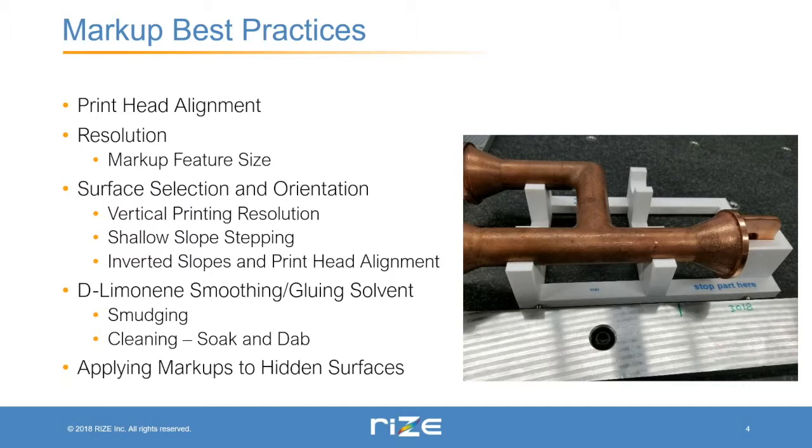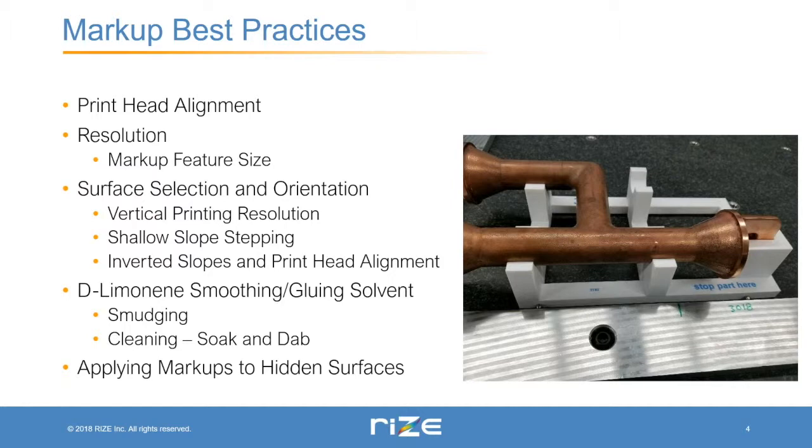One of the sometimes unintended effects of this is that it also dissolves the portion of the plastic that contains the marking ink, and because of this, that can cause the marking ink to smudge. So if you do intend to apply a markup, or you do intend to use D-limonene to smooth a part, then you'll want to make sure that you're not using those two things on the same surface, or else you may find a smudge.